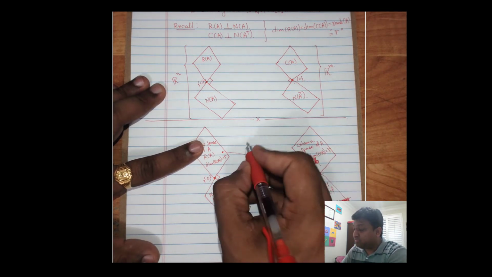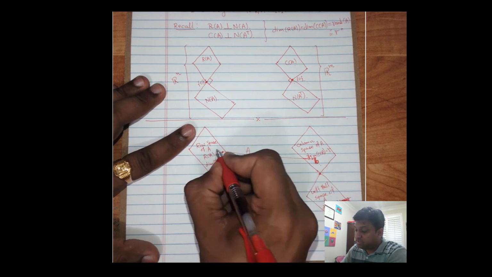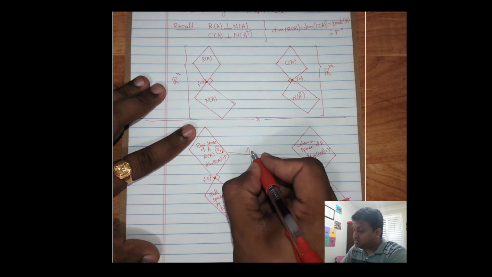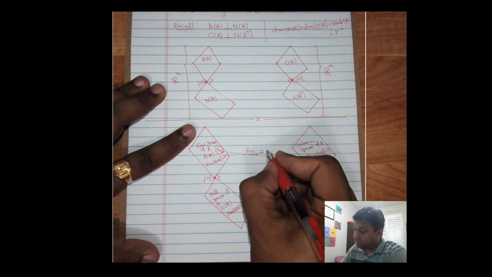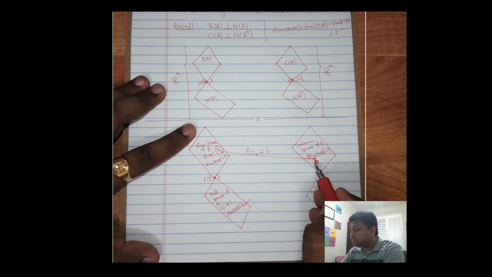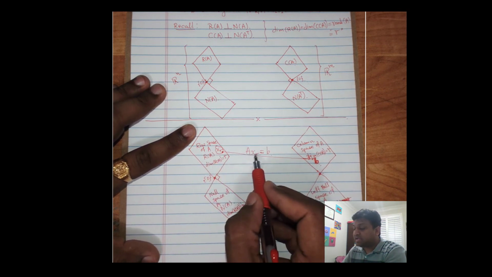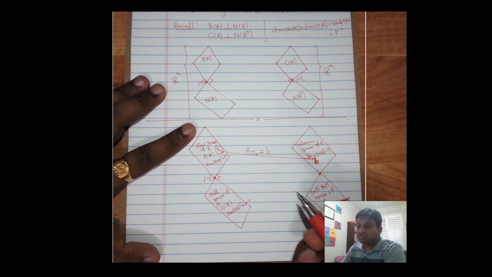You have A times some vector xr, which is sitting in the row space. It gives you the outcome b, where b is sitting in the column space of A. This is what we mean by solvability of the system A xr equal to b, where xr is coming from the row space.